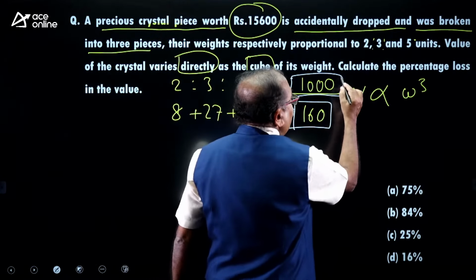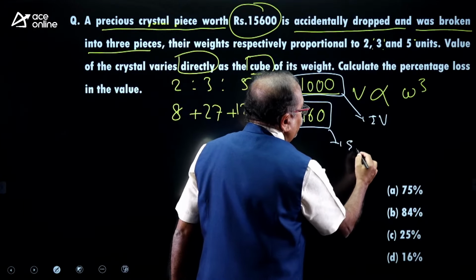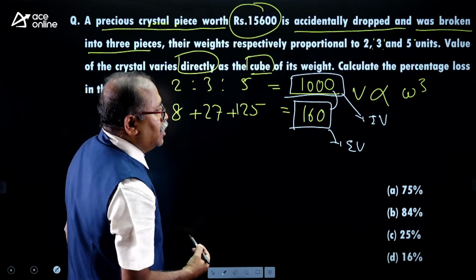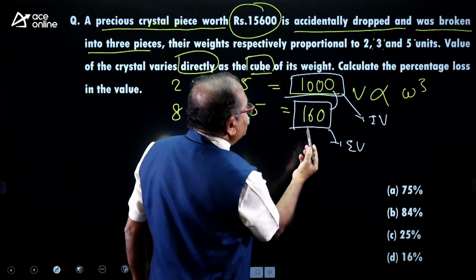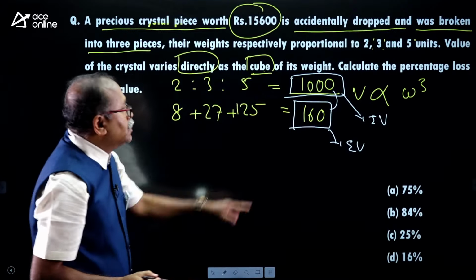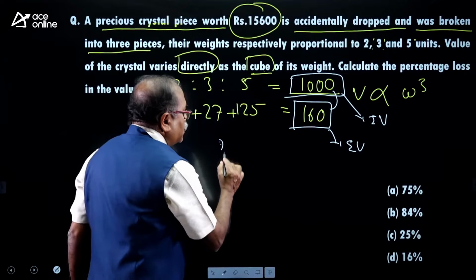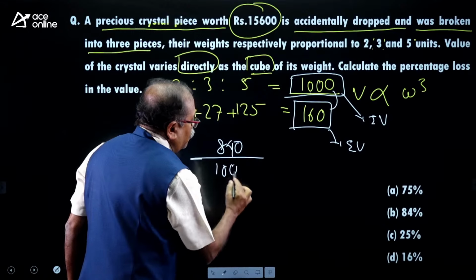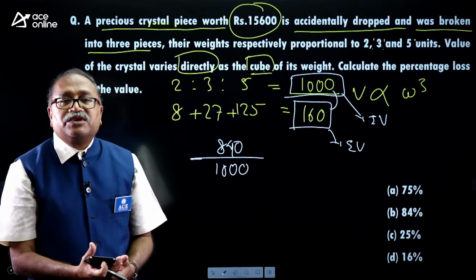This is the initial value. After breaking, this is the end value. Is there a loss? Yes, there is a loss. How much loss? I noticed that this is a loss of 840, that is 1000 minus 160. So the loss is 840 over 1000. So 840 is what percentage of 1000?